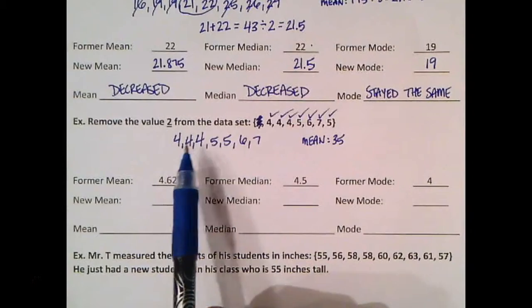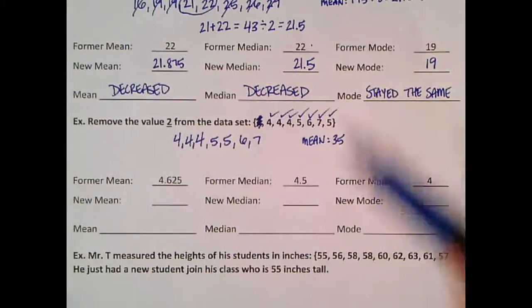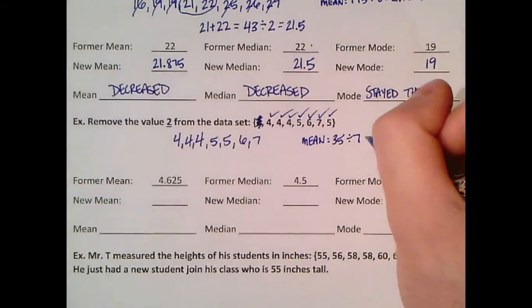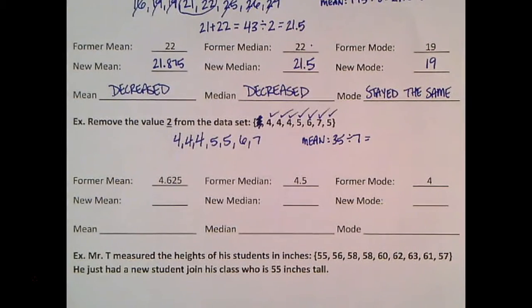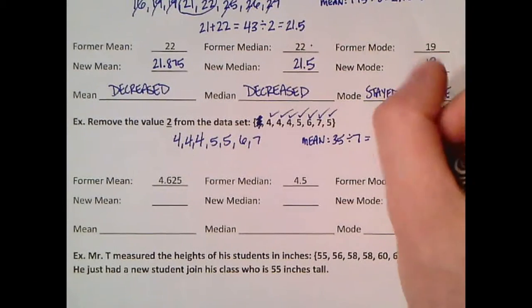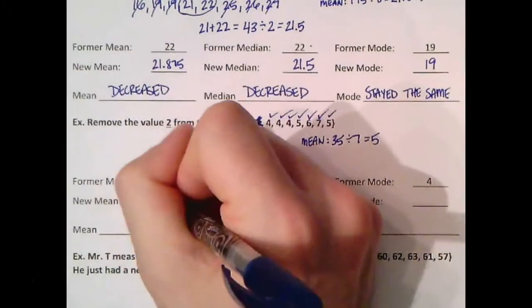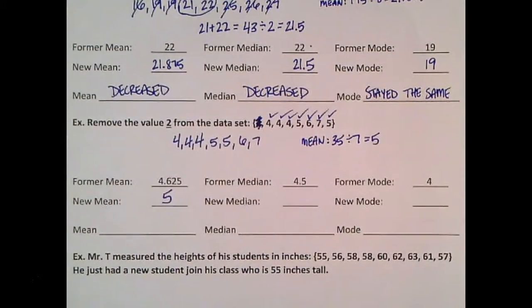There are 1, 2, 3, 4, 5, 6, 7 pieces of data. So it's going to be 35 divided by 7. We should remember this from our education career so far, not even need to grab a calculator for that. 35 divided by 7 gives us an answer of 5. So our new mean is 5.